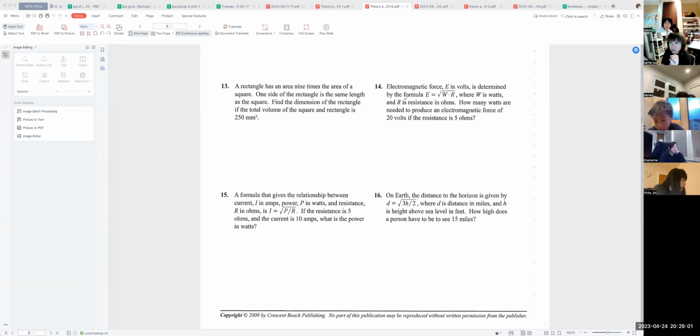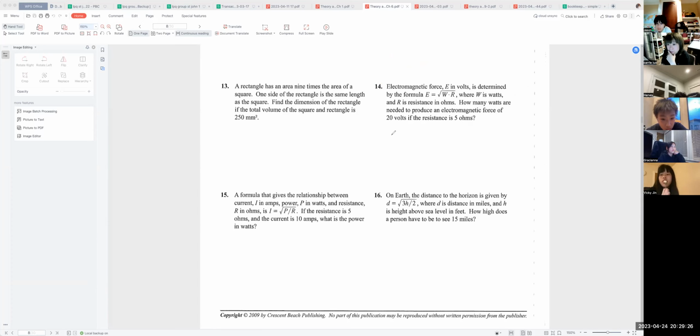So they said electromagnetic force, E in volts, is determined by the formula E equals W times the square root of R, where W is watts and R is resistance in ohms. How many watts are needed to produce an electromagnetic force of 20 volts if the resistance is 5 ohms?